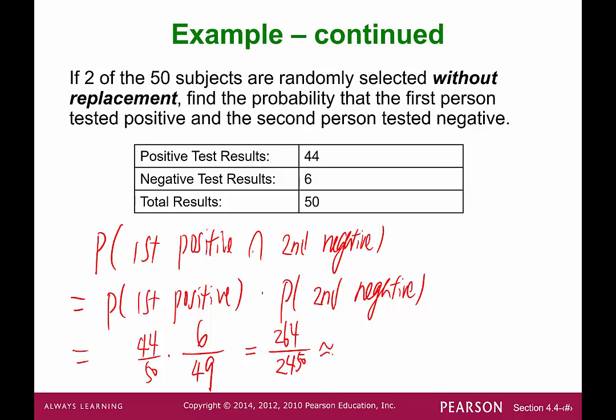If you divide 264 by 2450, to 3 significant digits it turns out to be 0.108. If you turn it into a percent, it will be 10.8%. That's the chance that the first person tests positive and the second person tests negative. Again, independence is an assumption.